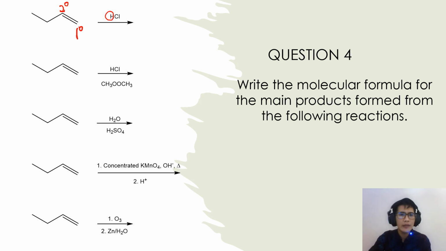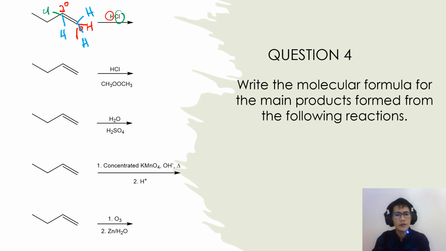The primary carbon has 2 hydrogen atoms, but the secondary carbon only has 1 hydrogen atom. Therefore, the H from the HCl will be added to the primary carbon, here, and the Cl will be added to the secondary carbon.